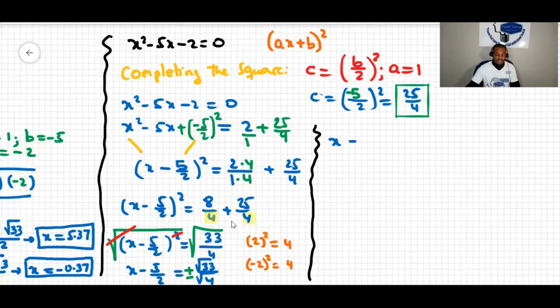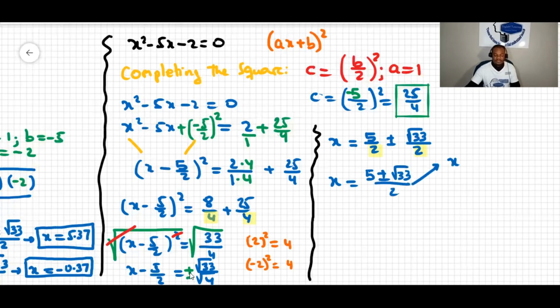Now over there, I can just move the negative 5/2 over. I have 5/2 plus or minus root of 33/2. Because we have the same denominator, you can just add the numerators. So this is (5 plus or minus root 33)/2. There are two solutions here.